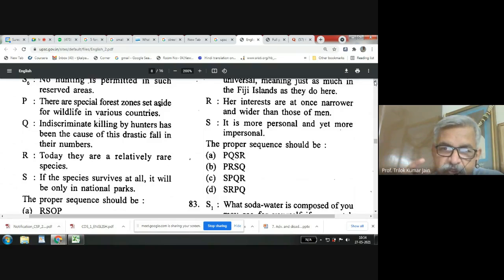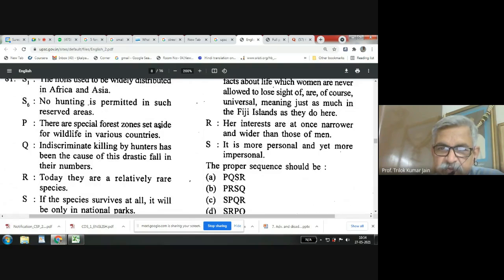So S can come after R. R talks about interests. S is using the word it. It requires a subject. The subject is interests, right? And then in Q we have two subjects, which fit well with the last sixth sentence.